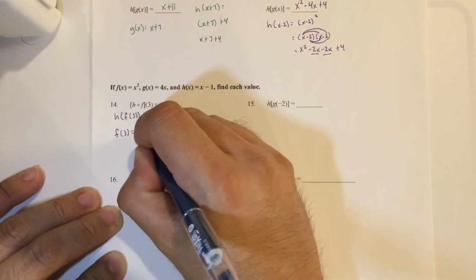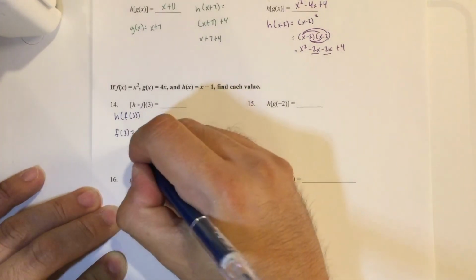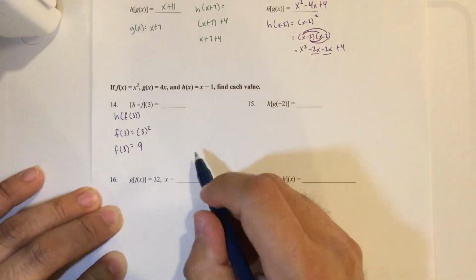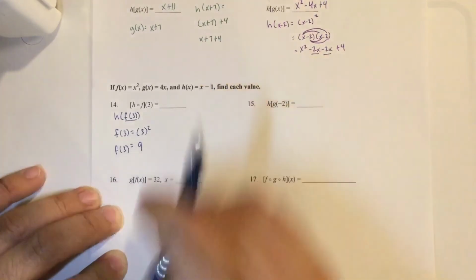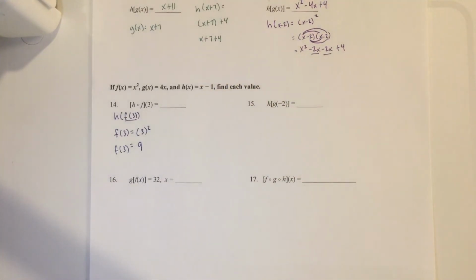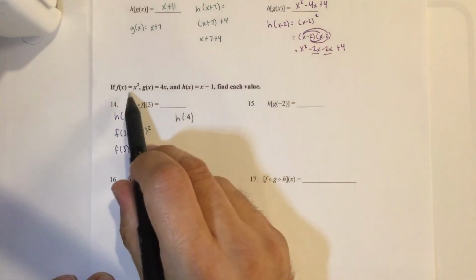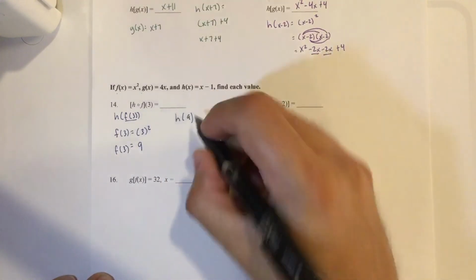So we're going to change that to 3 squared. So remember, we plugged this in for x, 3 squared, which is 9. So f of 3 is 9. So we're going to now substitute 9 in for f of 3. So this will say h of 9. So we look for the h function. There's f, g, there's h. So 9 minus 1.